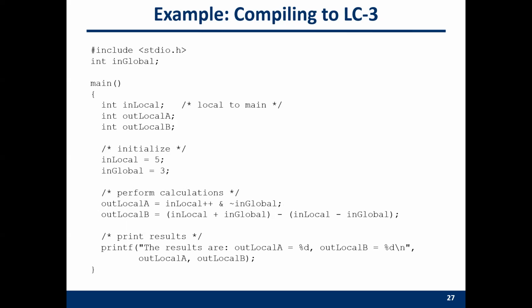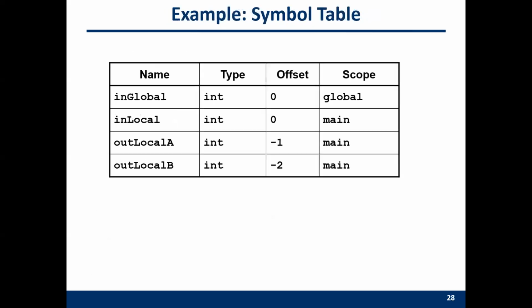So here is an example of the C code. The compiler will build a symbol table. These are the variable names, and these are the data types. This is the output. The location.